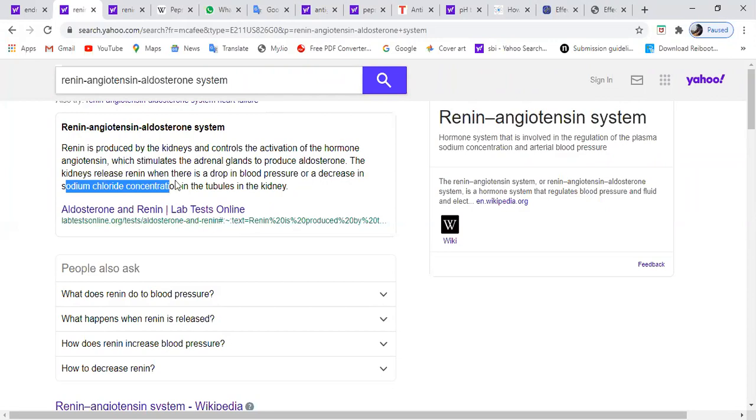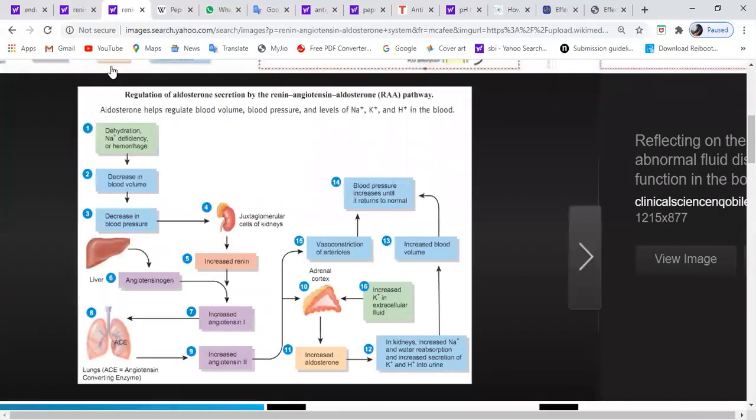Then there is an important diagram from where you can get the image of this. Suppose there is dehydration. When you have a low blood pressure, suppose you are undergoing dehydration, you are taking less water, or there is a deficiency of sodium chloride ions, or there is hemorrhage. So all these conditions. Finally, what is the result?